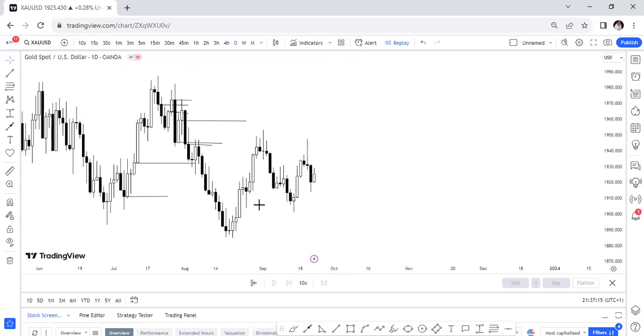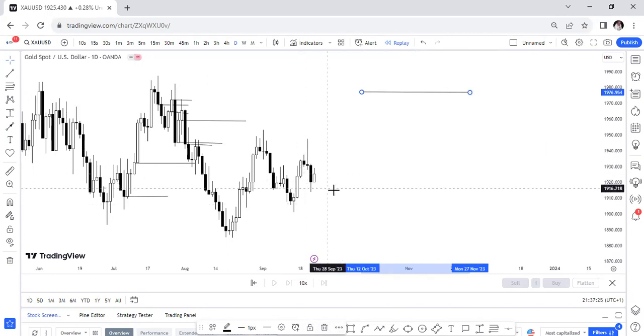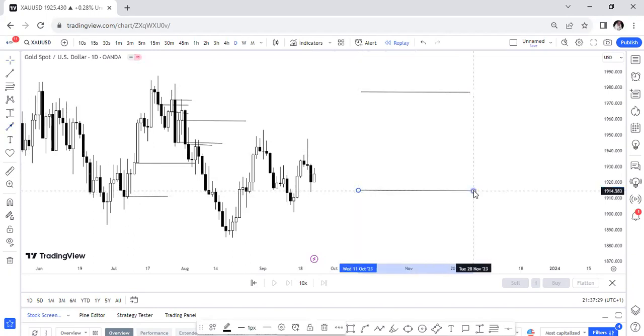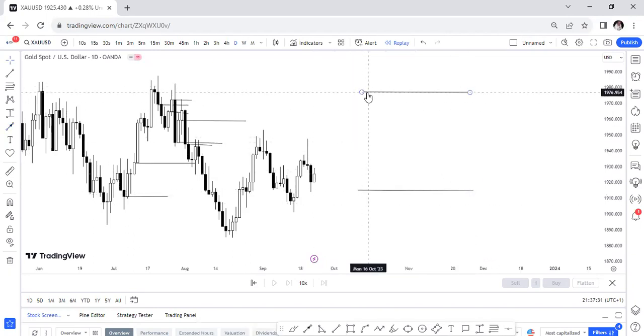So, for example, you have this as daily SNR. This is the resistance. This is the support level. Now, within this daily, we have the 4 hours.